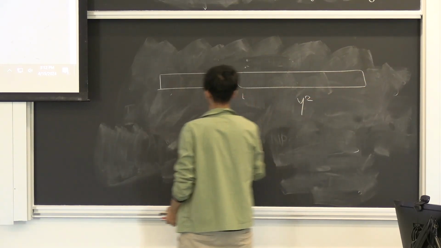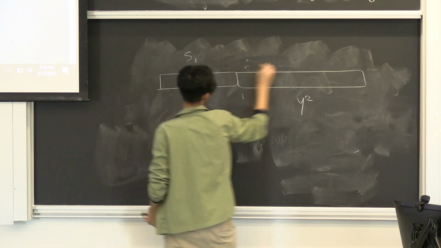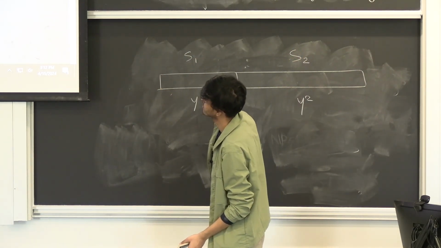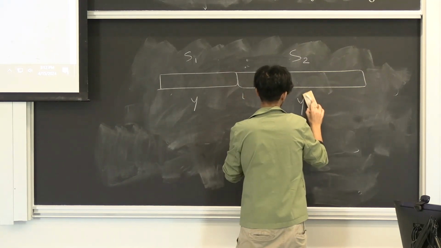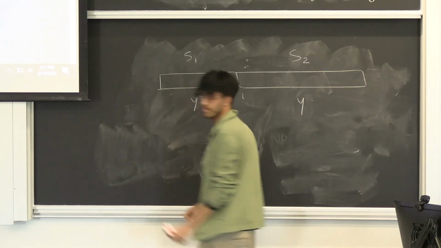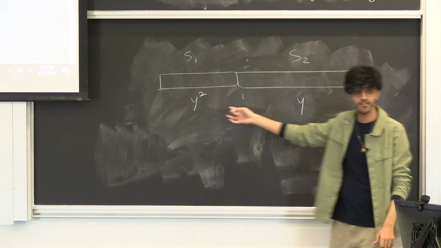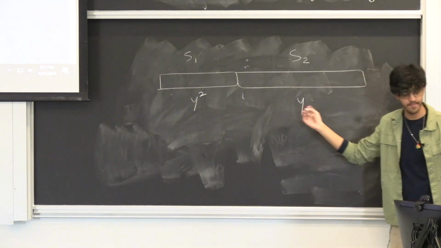This must be y squared, this is y, this is S1, and this is S2. Right? The sum of S1, y, is the square of the, other way around then. Whoops. Same thing though, right? There's some partition that this works. So we know that S1 sums to y squared, and S2 sums to y.